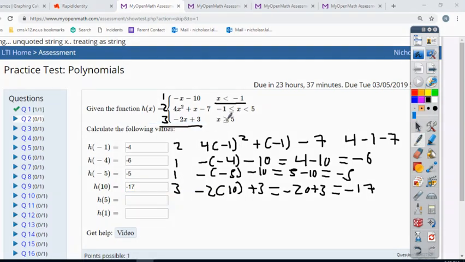H of 5, well, 5 is greater than or equal to 5, so that's going to be formula number 3. And we plug in 5 into formula number 3. -2 times 5 plus 3 is -10 plus 3 is equal to -7.